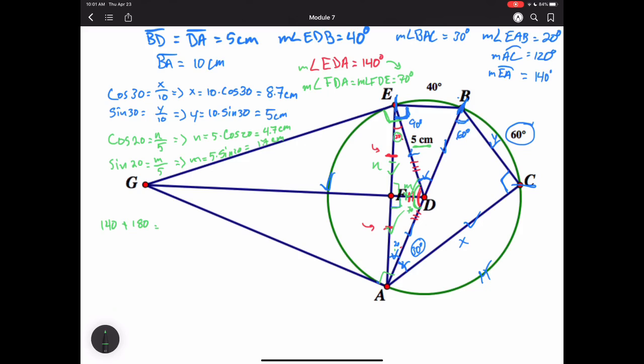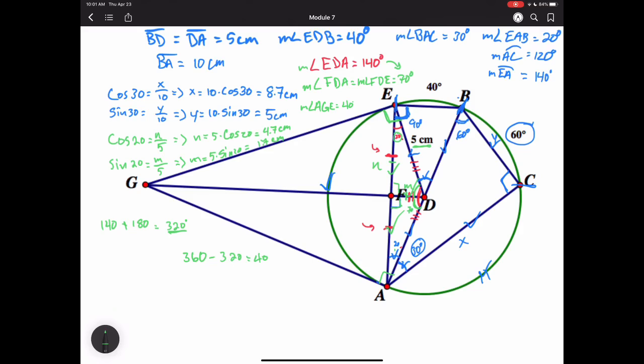When we add those up, we get 320 degrees. Then, how many degrees are there in a quadrilateral? There are 360. So I can figure out angle AGE by taking 360 minus 320. That will be 40 degrees. So the measure of angle AGE is equal to 40 degrees.